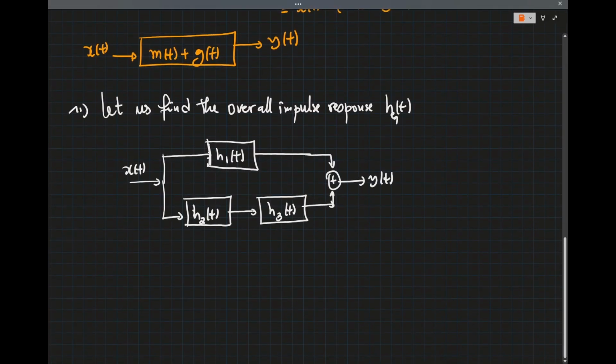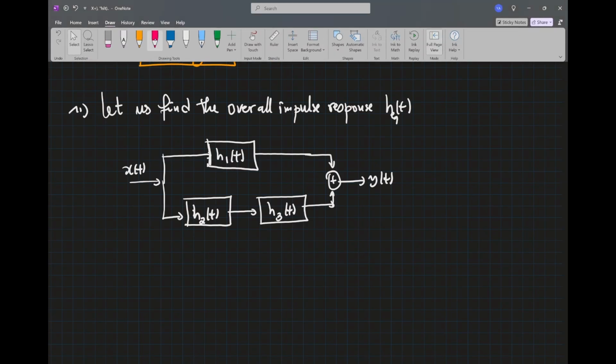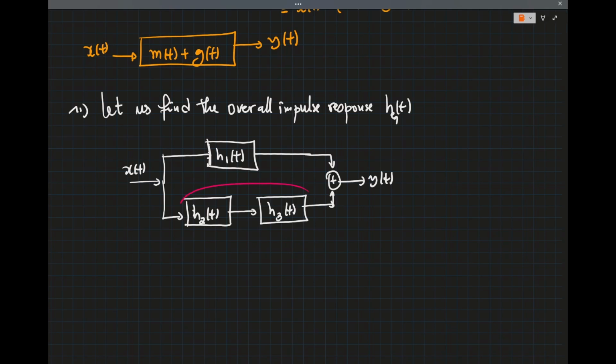So from what we did above, we know that this is h2 of t convolved with h3 of t.